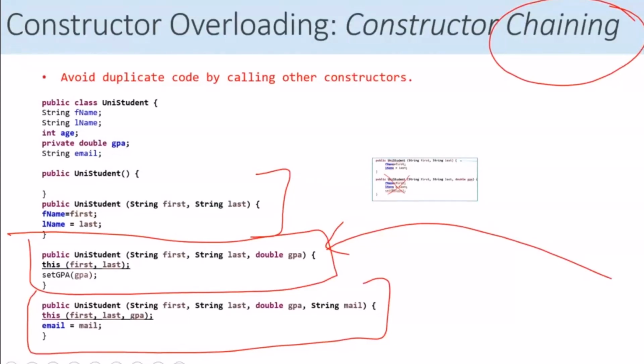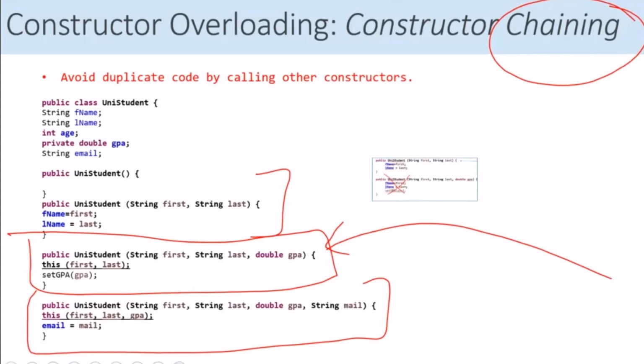So this first last, which constructor takes two strings? Second one. So this way you are calling the second constructor with what? And the second constructor will give first value to which data member? And last to which data member? Then it will set what? Yeah. Did we avoid duplication?